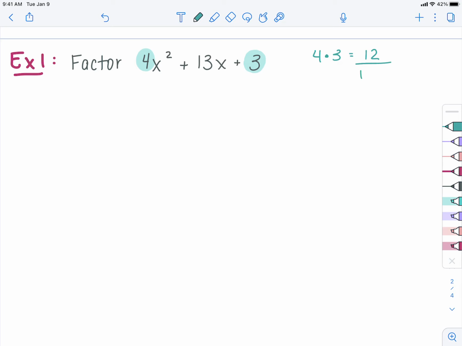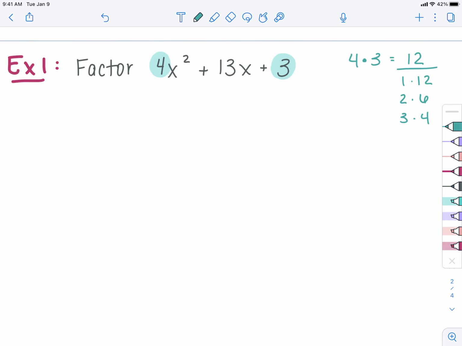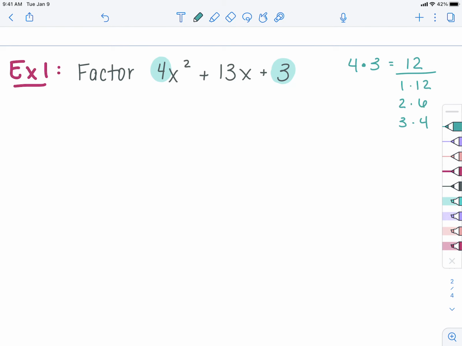So I know I've got 1 and 12. I've got 2 and 6. And I know I have 3 and 4 because that's how I even got to 12, right? I multiplied 4 and 3 to begin with. So I've got all these factors.